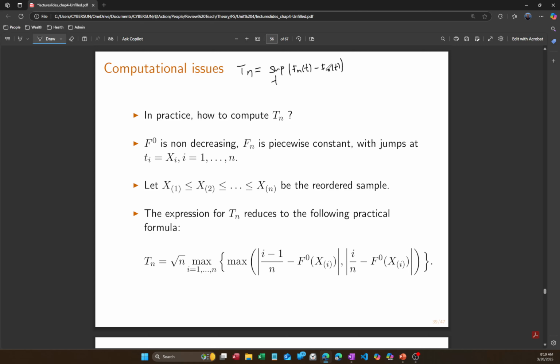Now, let me create a graph here where there are two rows, and this is the x-axis, this is t, and this is F0(t). Now we have this piecewise constant like this.